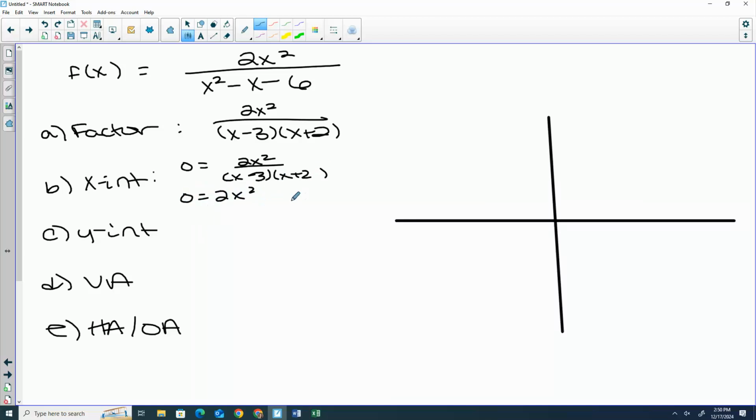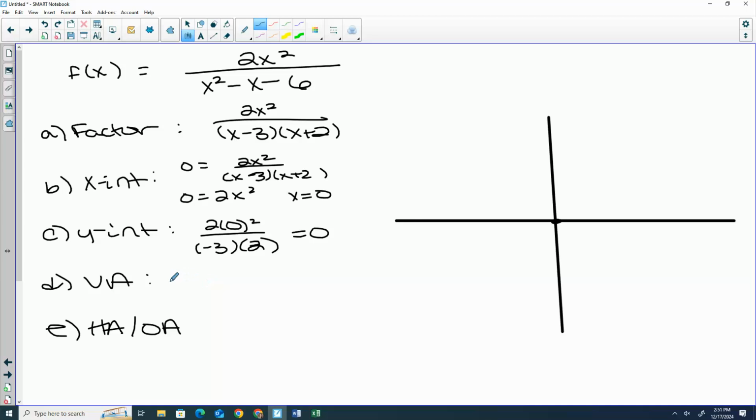And when you solve that, what do you get? 0. So we hit the x-axis at 0. How do you find a y-intercept? And we get 0. So x and y-intercept are both 0 here.